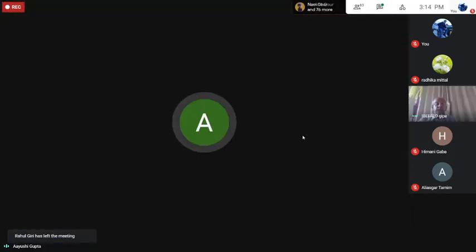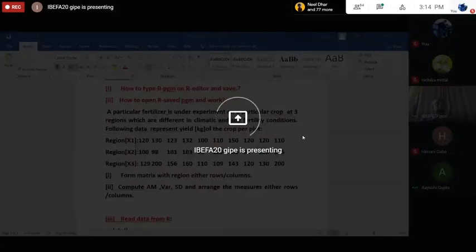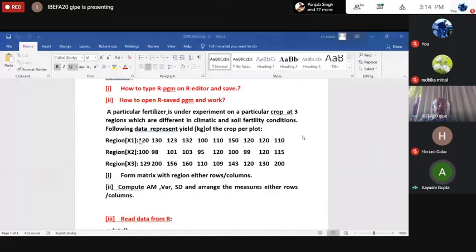So for computation in the column way, shouldn't we do C bind?